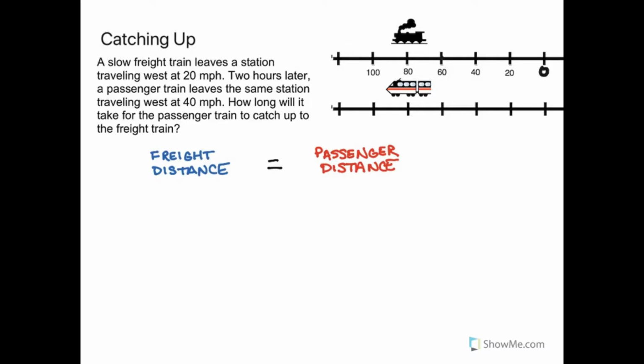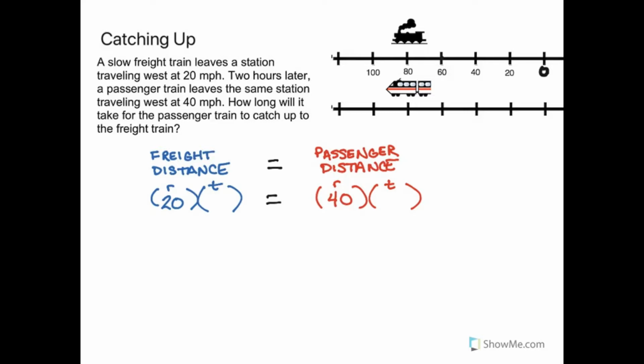Well, if the two distances are the same, remember that we find distance by rate times time. Just as in all word problems, once we have the structure, we can just fill in the numbers we know. So we know that the freight train is traveling at 20 miles an hour. That's its rate. And we know that the passenger train is traveling at 40 miles an hour. That's its rate. Now the times that they're traveling are not equal.